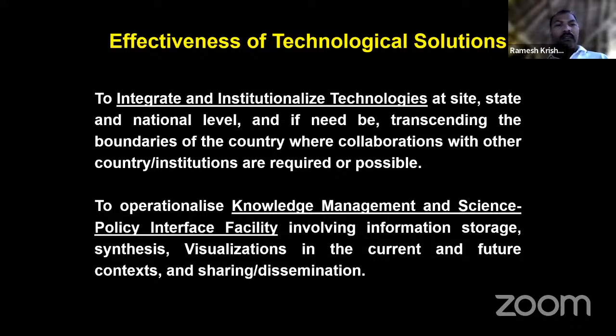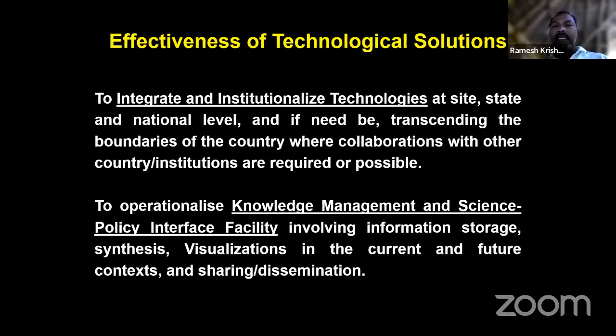One is that the technology needs to be integrated and institutionalized at the local level, regional level, national level, or sometimes it can transcend boundaries across countries where you're looking at collaboration between countries and institutions.